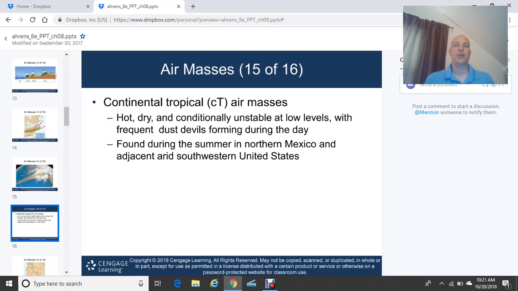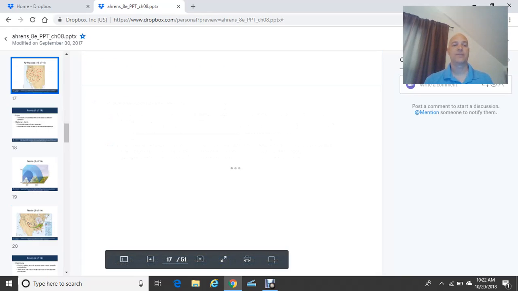Like I mentioned earlier in this presentation, there are frequent dust devils in the desert areas associated with CT air masses during the daytime when the heating is at its greatest and the sun is at its highest point. Continental tropical air masses are found during the summer, typically in northern Mexico and also in the southwestern United States. Remember that the CT air mass only forms in the summertime.